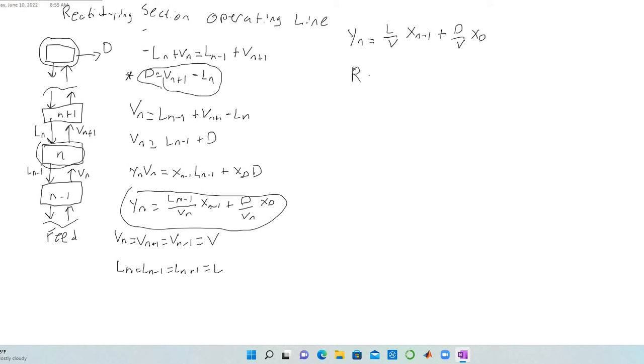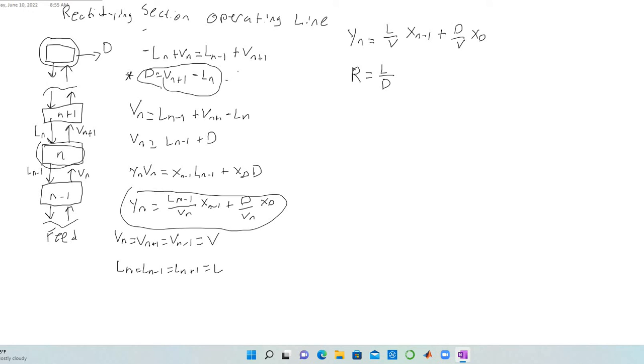Reflux ratio R is going to equal the liquid flow rate allowed back through the column, which is the reflux, divided by what we're pulling out of the top, L over D. So we're going to rearrange L over V and D over V in terms of the reflux ratio, which is much more user-friendly, because before we begin, we want to approximate what we want our reflux to be.